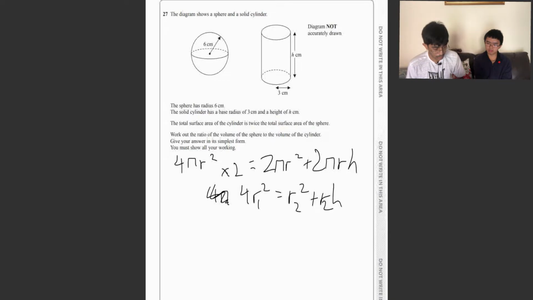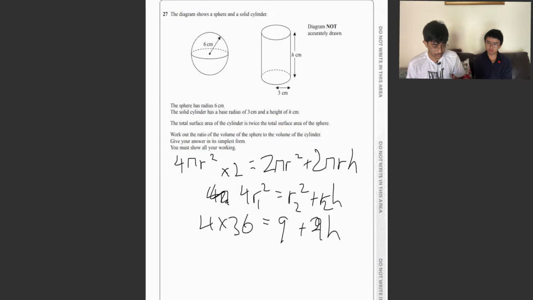Okay, now 6 squared is, okay, so I'm going to keep everything in centimeters to not mess everything up. So 6 squared is 36, so 4 times 36 is r2 squared, which is 9 plus 9h. And now you can just simply work this out. 3h.